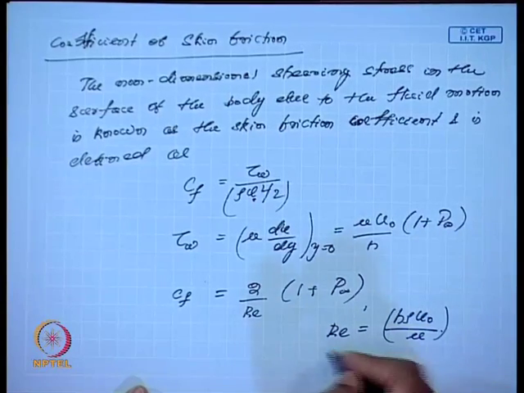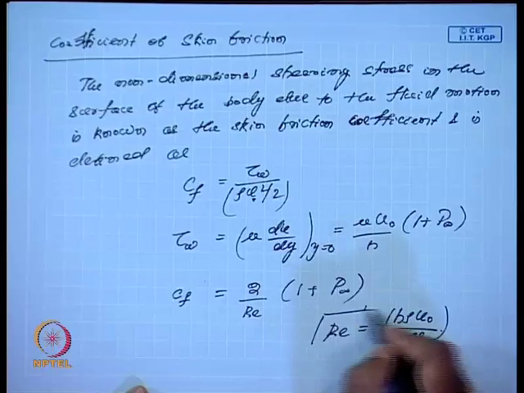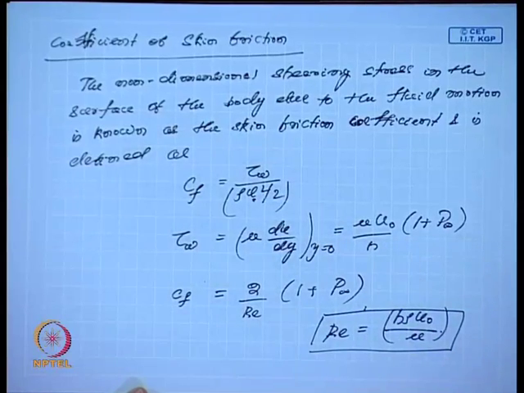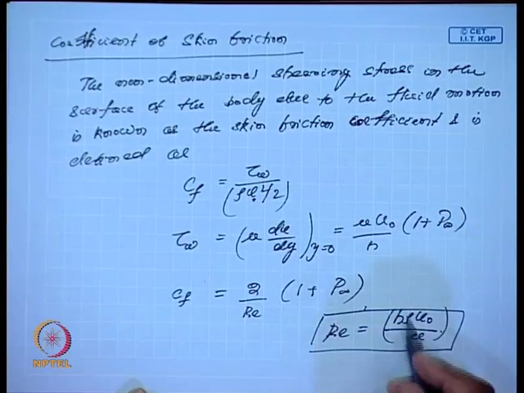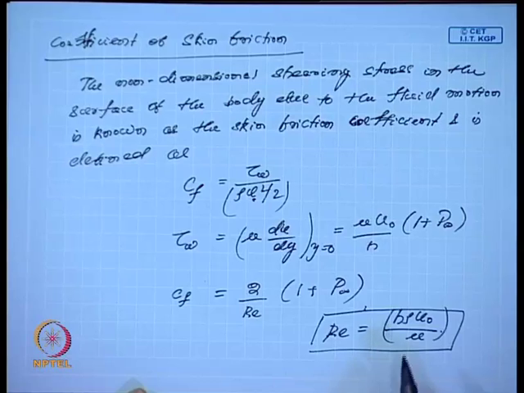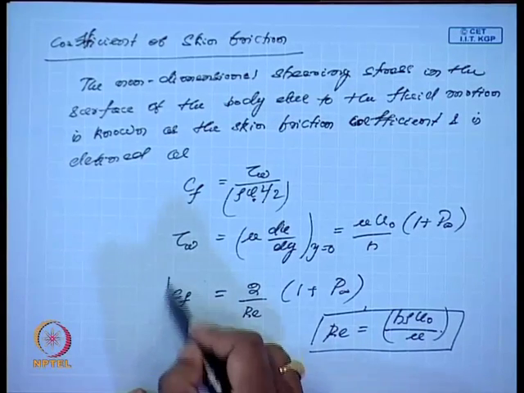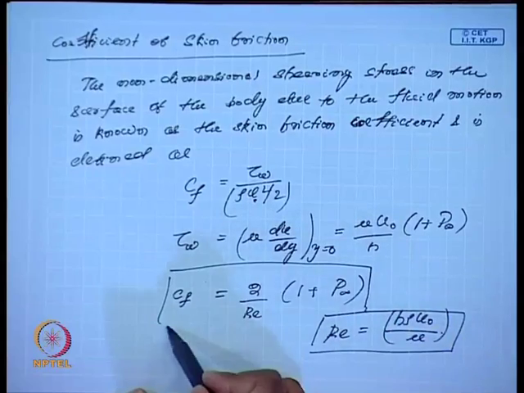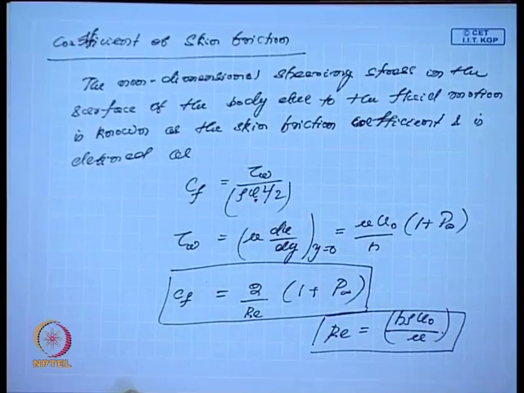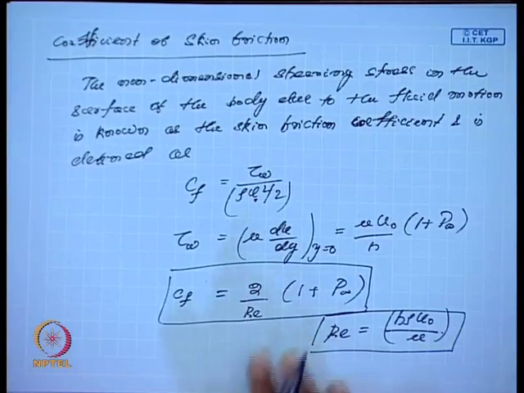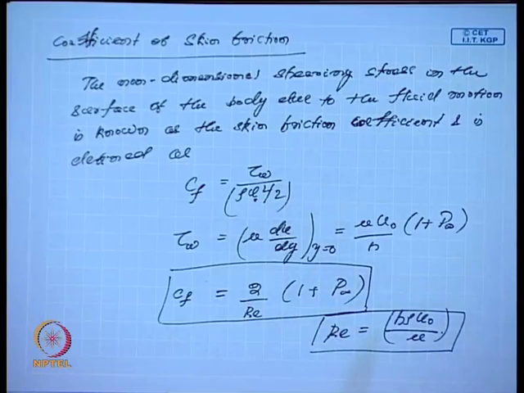So, this is kind of a Reynolds number, where h is the typical length parameter, u is the speed, and mu by rho is the kinematic viscosity. So, the skin friction coefficient becomes this, and it all depends on the Reynolds number of the fluid flow and p infinity, the pressure gradient.